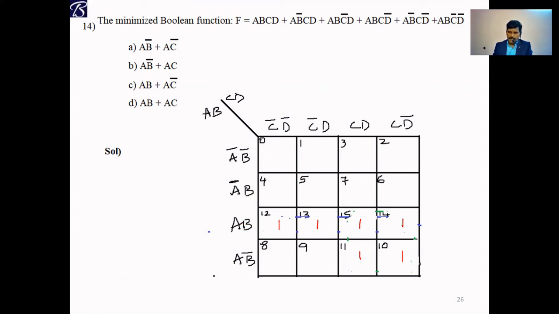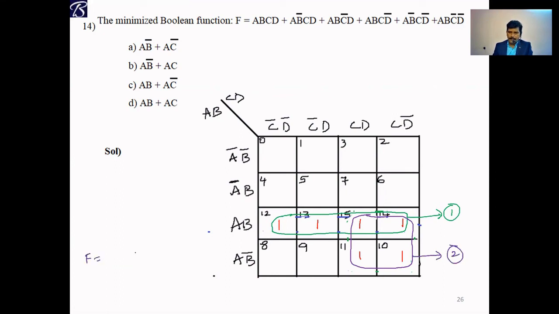If you consider this one, the only possibility is this quad, first one. If you consider next this one, 11th cell, the maximum possibility is this, second one. Now what is F?